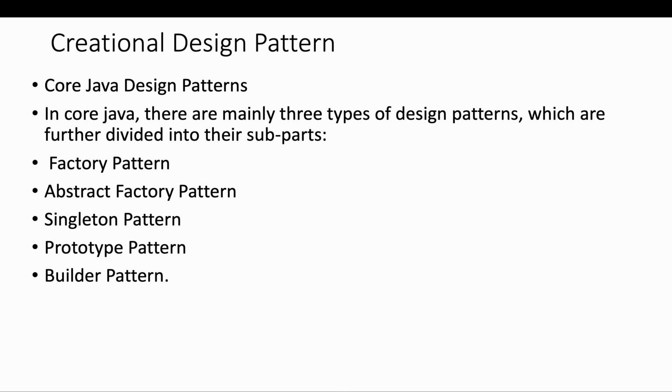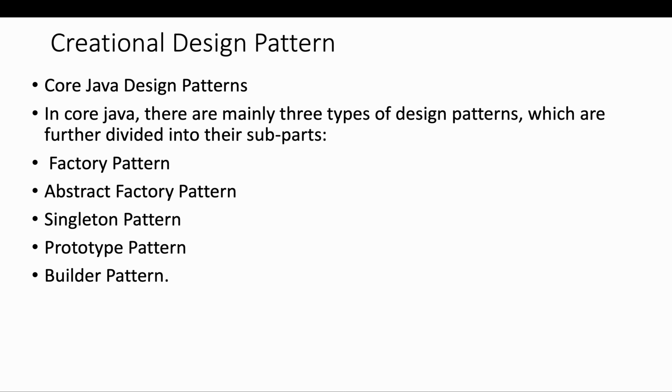Creational design patterns are the design patterns which we use when we're trying to create the object of certain classes. So how do you want to create the object of classes? Like we have seen the problem previously, we want to create the object of the class in such a way that only one object of the particular class will be available in our application, and all the other classes will use that same instance only.